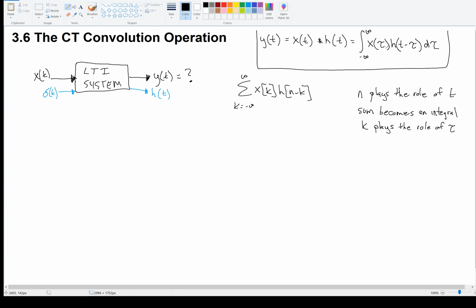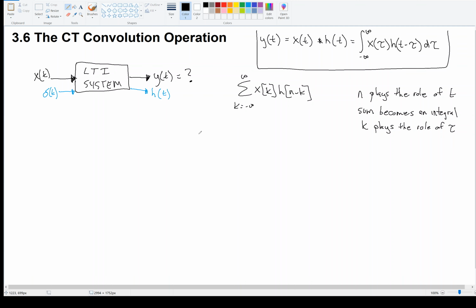So it really doesn't matter what you call it, as long as you don't call it t. So we're going to call it tau. So tau goes from minus infinity to infinity, just like k went from minus infinity to infinity. Okay, and then we have x of tau, x of k, h of t minus tau, h of n minus k.